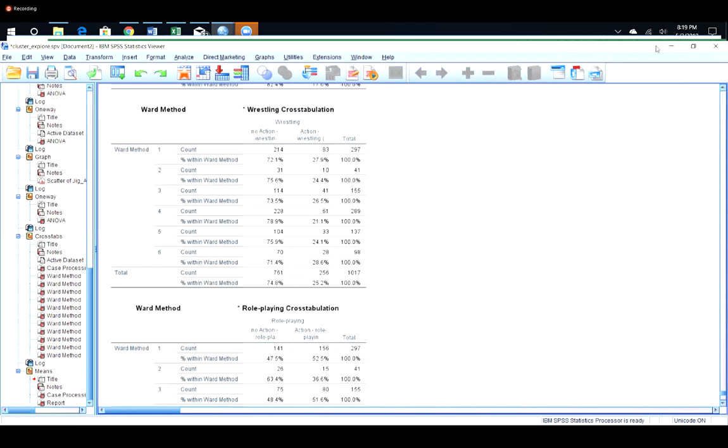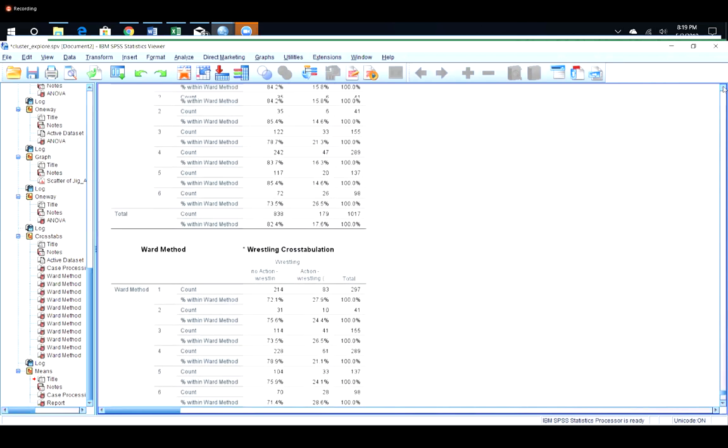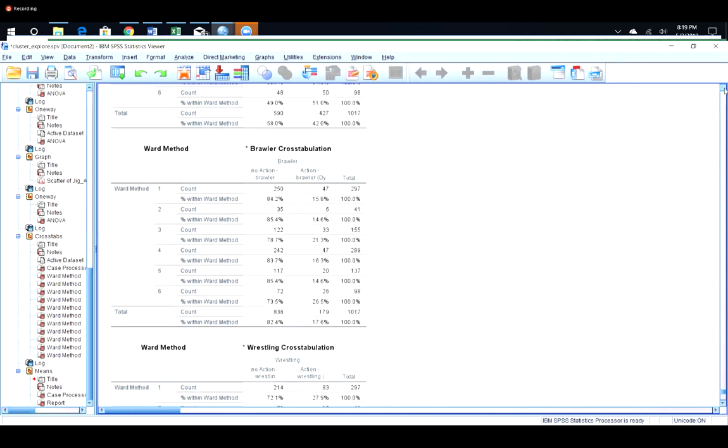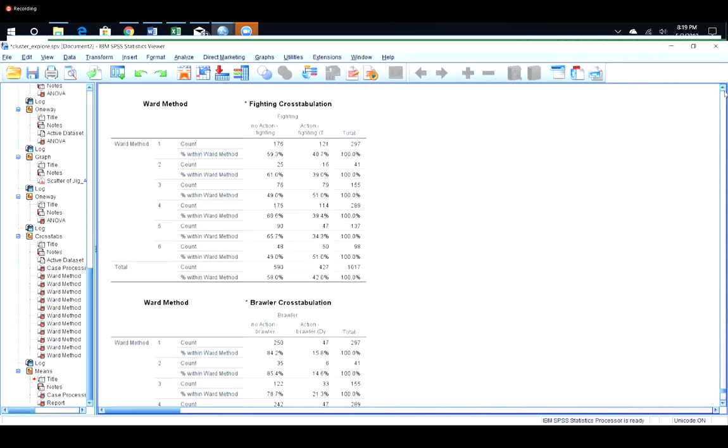No particular group plays it all that much, and it doesn't vary across groups. And that's the sort of thing you're going to state, and I could do that here, is wrestling and brawler games are played at a fairly low rate compared to other games, and there's no particular tendency of any cluster to play those games than any other. Does that make sense?